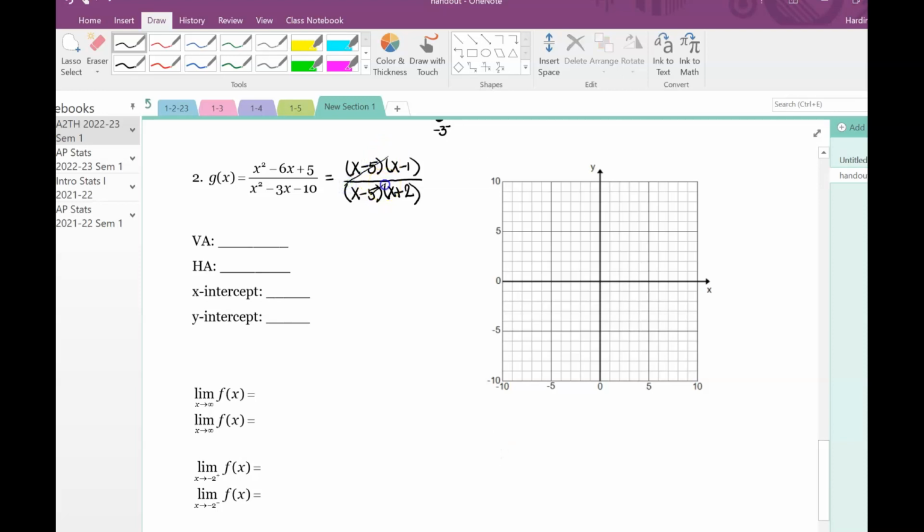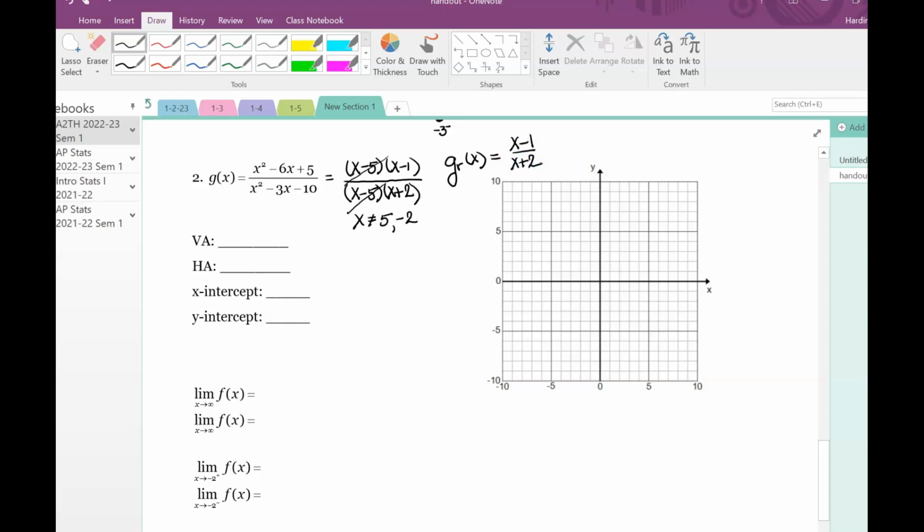I'm going to take those 5's out. I'm sorry, I'm actually going to take a step backwards. I'm going to write down before I cancel it that x cannot be equal to 5 or -2. Now I'm going to reduce it, and the reduced function of x is x minus 1 over x plus 2.